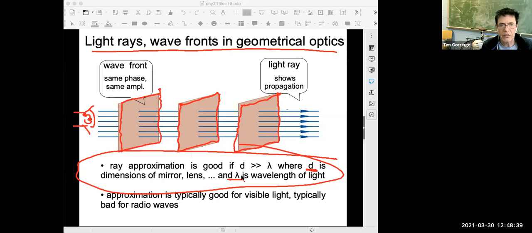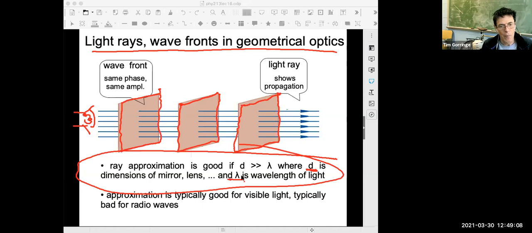Ray optics, the ray approximation, isn't good if you think about radio waves. They're also electromagnetic waves, but depending on whether it's FM radio or AM radio, if they still have that, their wavelengths are meters or tens or hundreds of meters.